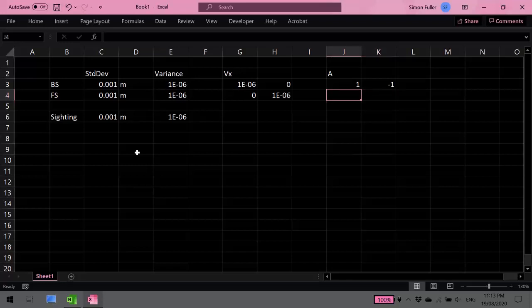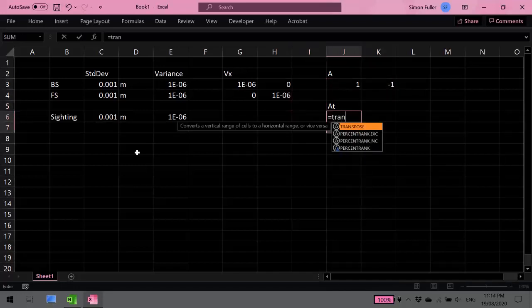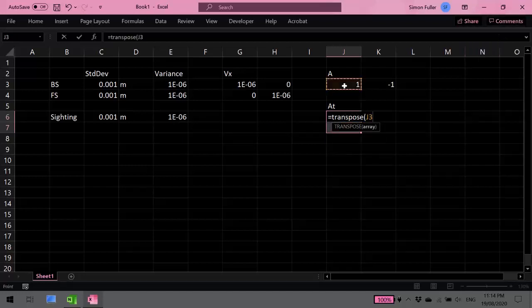Now, according to our rule for the propagation of variances, we're also going to need the transpose of A. So let's look to do that as well. This is a 1 by 2. The transpose will be a 2 by 1. And we'll ask Excel to do that for us. Use Control Shift Enter keys all together to fill up your matrix.